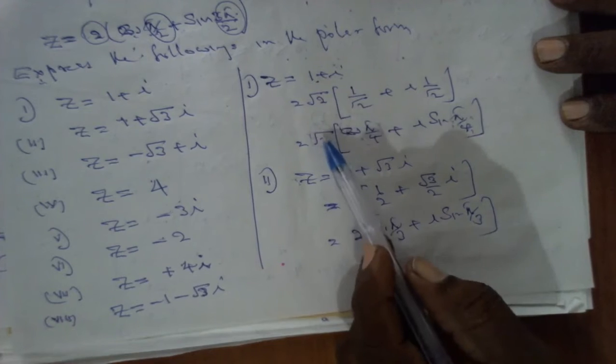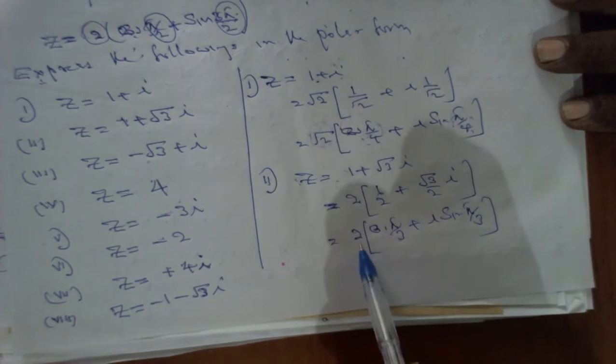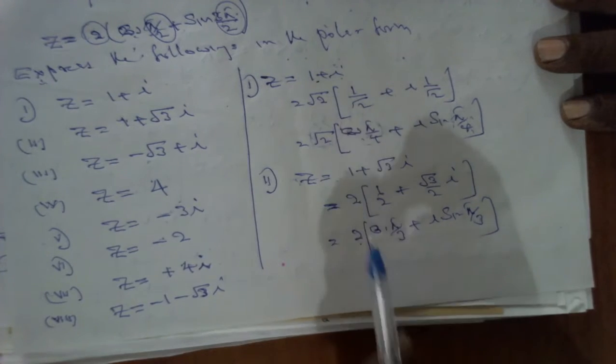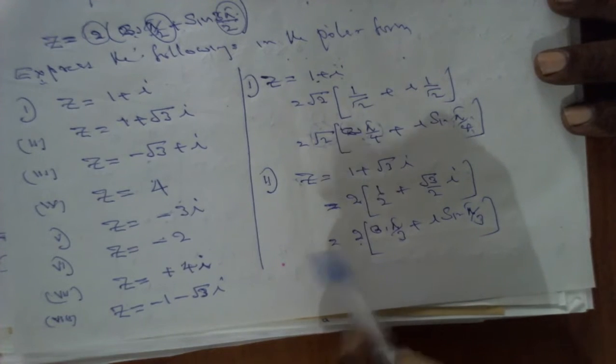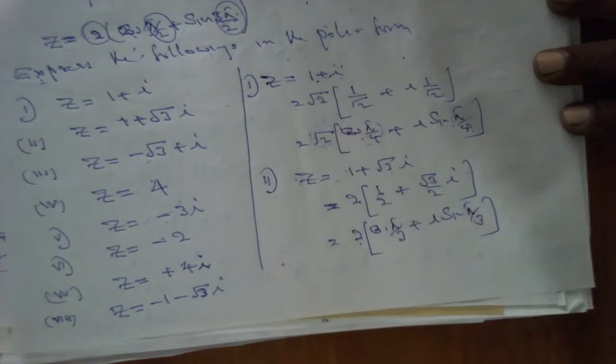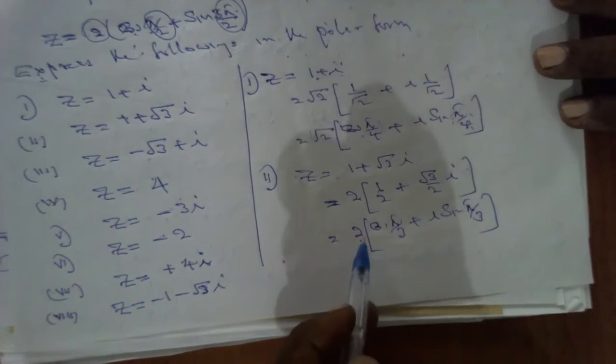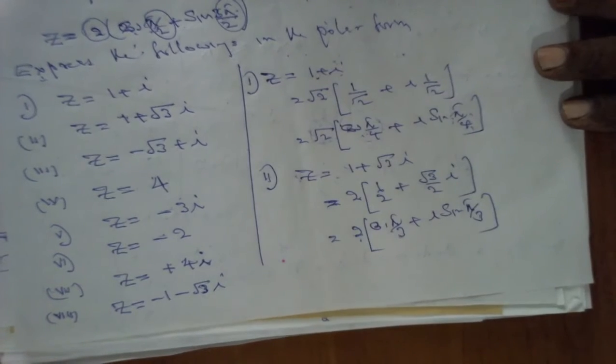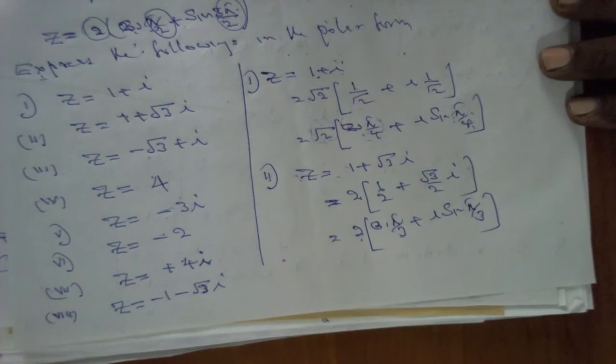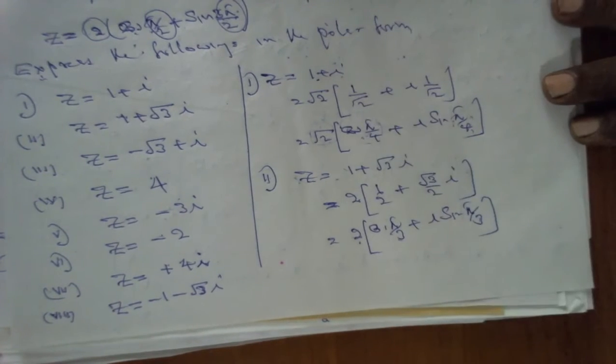Therefore, outside the brackets there should be a positive number. You can't keep a negative number. You can put a negative number, but you don't consider that as the polar form. The polar form should satisfy those conditions, otherwise it is not the polar form.